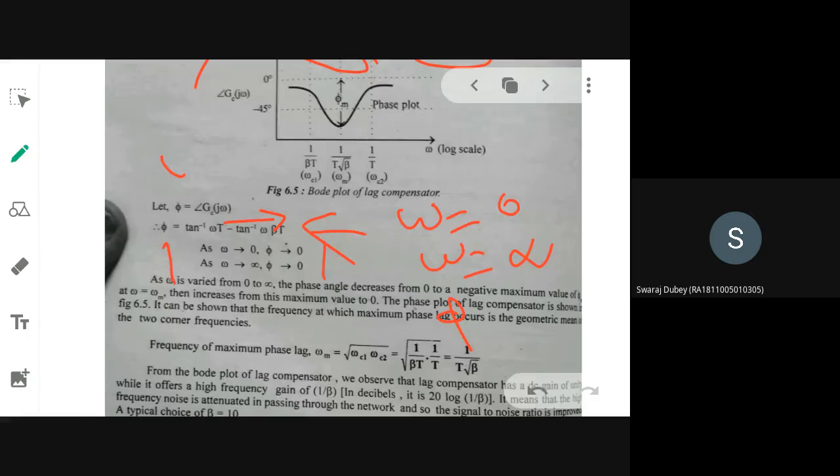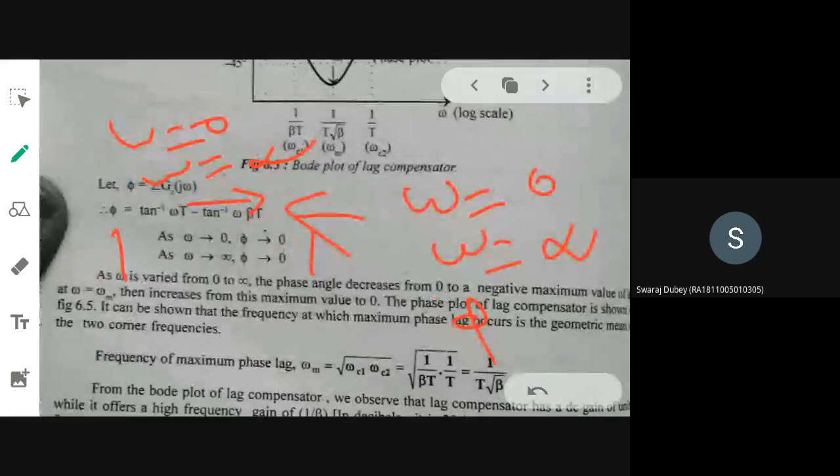Tan inverse of 0 minus tan inverse of 0 is what? Phi is 0. Both cases it will be 0 only. Here omega will tend to infinity and here omega will be equivalent to 0. Both cases you are having the phase angle 0.